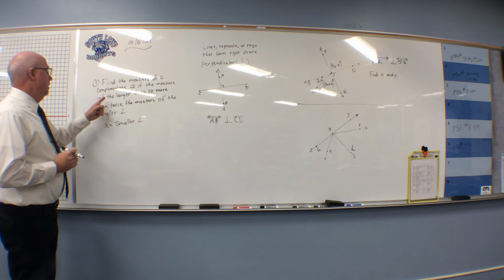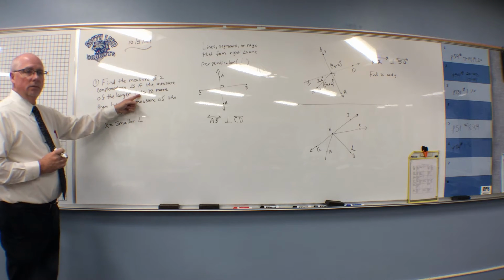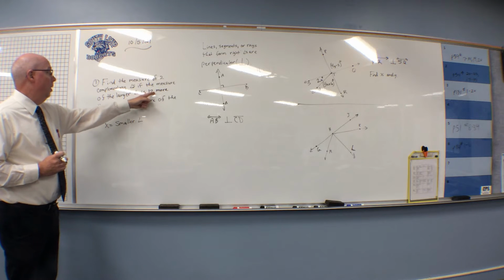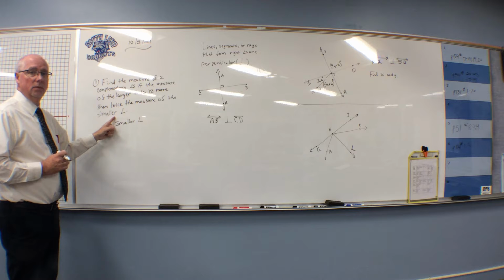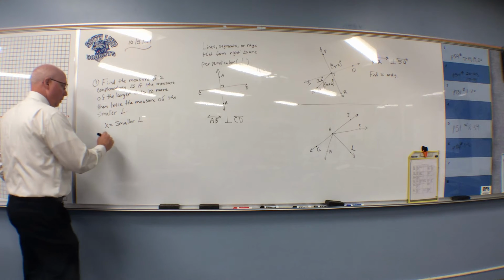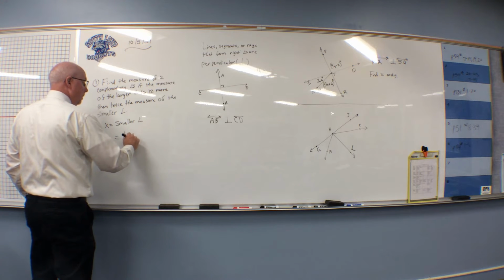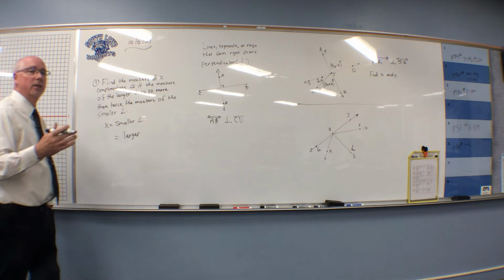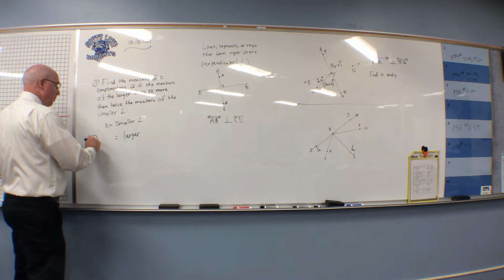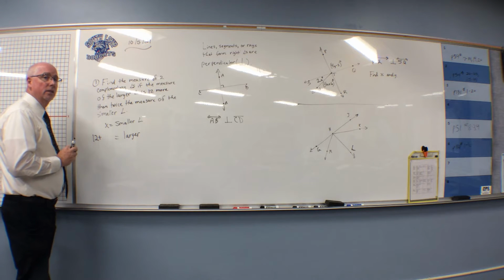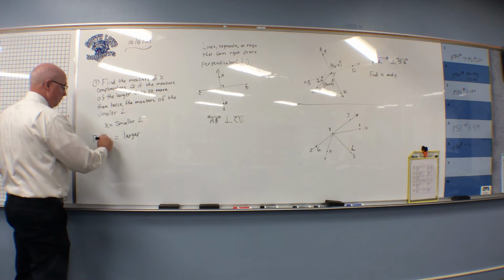So now it says the larger angle is 12 more than twice the smaller. What does 12 more mean? What operation? Plus. So 12 more than twice the smaller is 12 plus 2x.